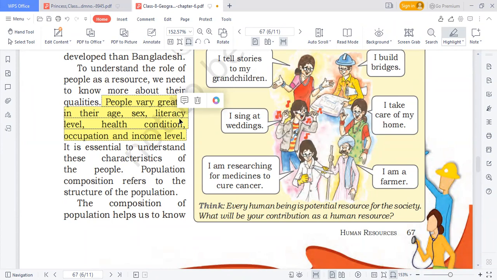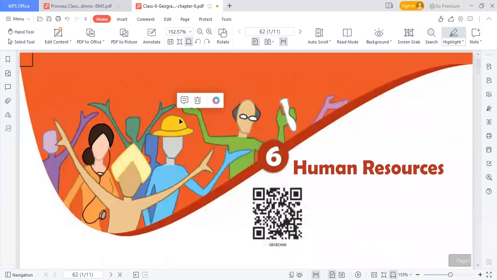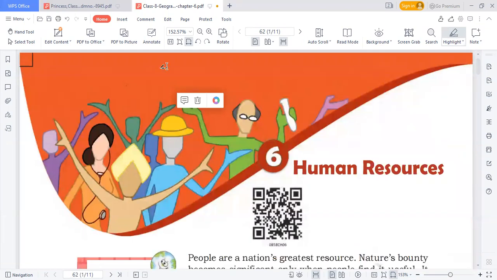Language doesn't mean only English. A person who can read, write and express their thoughts in any language is treated as literate in our economy.